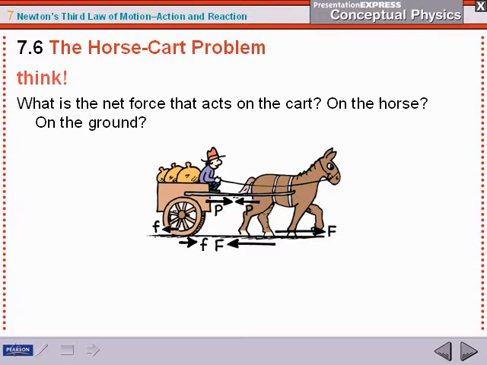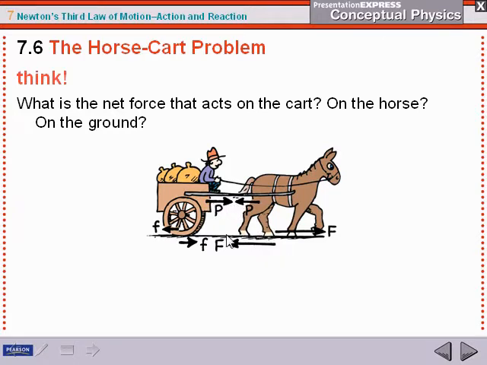What's the net force that acts on the cart, on the horse, and on the ground? Well, let's look at the cart first. We have the pull here, and the friction on the back. For the horse, we have the force of the ground back on the horse, pushing it forward, minus the pull of the cart backwards in the other direction. And remember, direction makes a difference here.